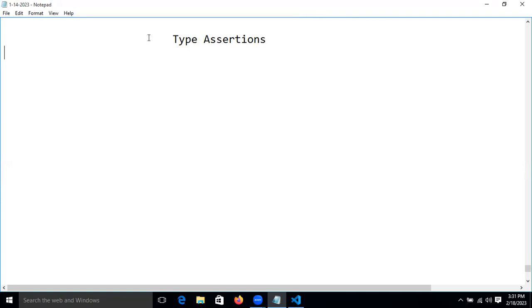Typecasting in another language. Come on, no one is giving a response. In TypeScript we call it type assertion.